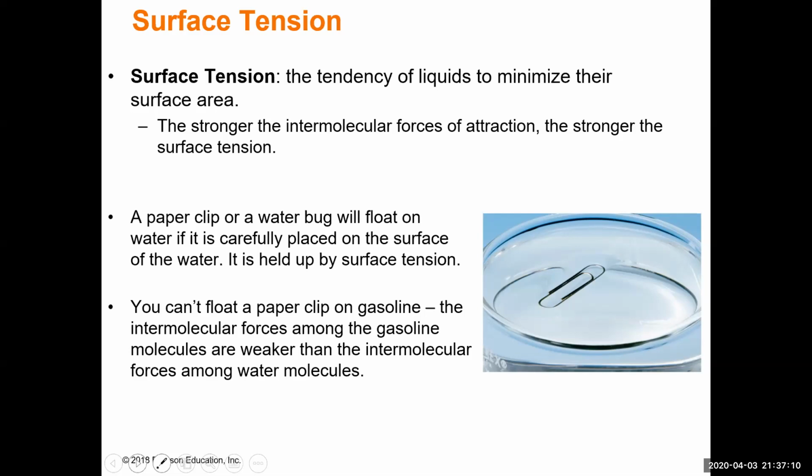If we look at this picture here, we see a paper clip floating on water. A paper clip or a water bug will float on water if it's carefully placed on the surface of the water. The reason for this floating is because it's held up by the surface tension of this outer layer of water.